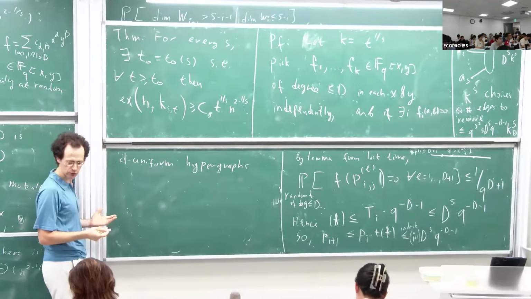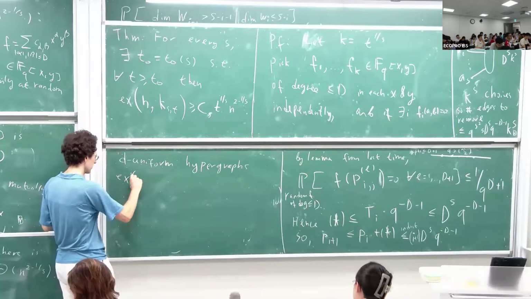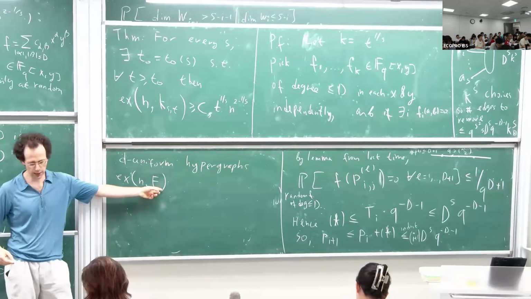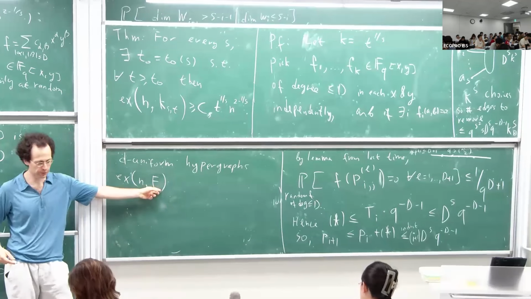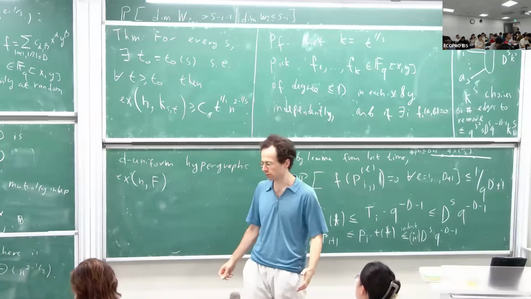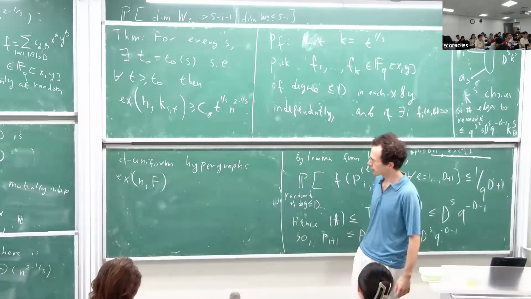Same kind of thing: we define a similar quantity, but now F is some kind of d-uniform hypergraph. And the story there is somewhat similar to the story for graphs.